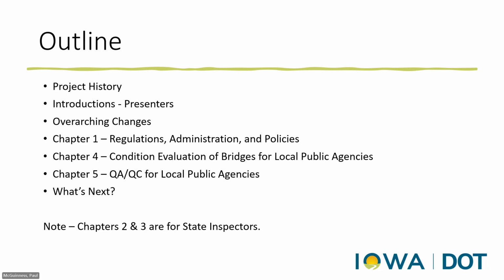That was previously specified in the Recording and Coding Guide for the Structural Inventory and Appraisal of the Nation's Bridges, last published in 1995, commonly referred to as the coding guide, and the changes now to the Specifications for the National Bridge Inventory, the SNBI, or sometimes called SNBI. And so you'll hear those terms referred to very frequently during the day.